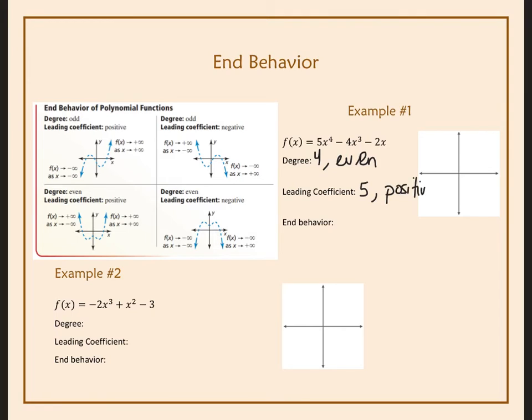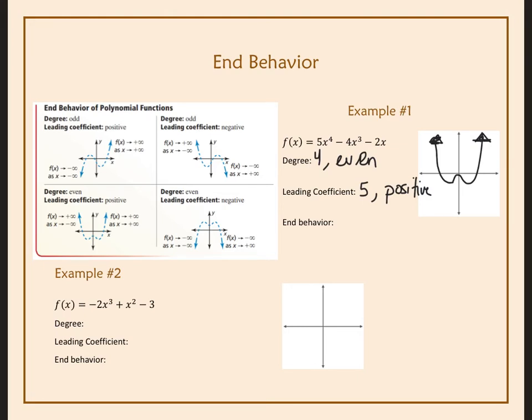So we're going to look at the table. When is my degree even? So not these two, it's one of these. And my leading coefficient is positive. So this dashed means it doesn't matter where this dashed is. All we need to know is that somewhere in my graph, all I care about is these arrows. So the graph has 2 endpoints that are going up to infinity.